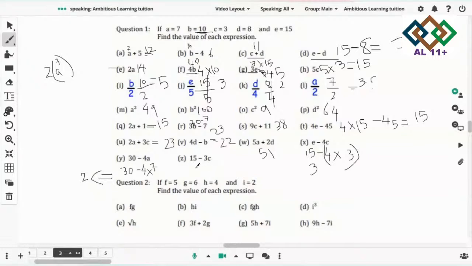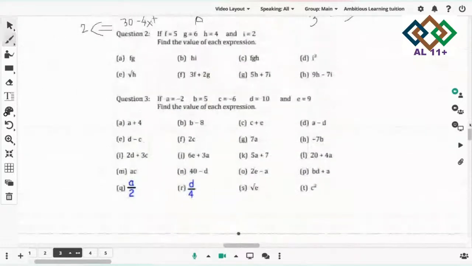Your c is 3. So that's 6. So you have a same one like this, and in this one, so now you have the question number 3 in this.